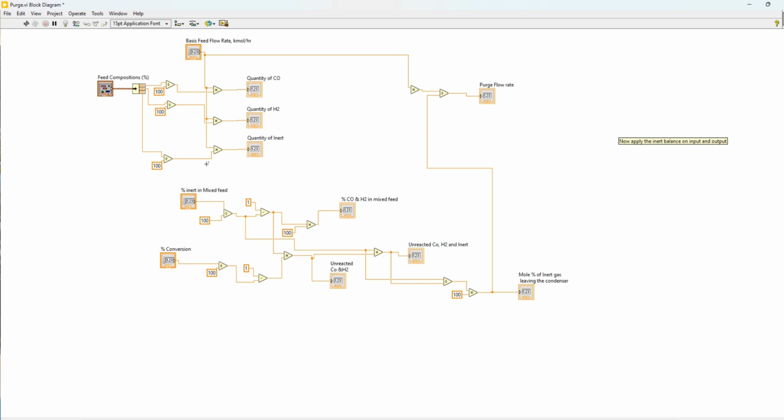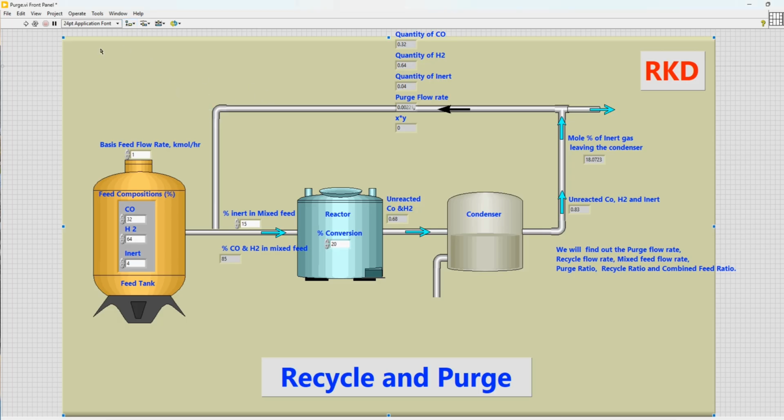Okay, so this is your value and that value should be here, and this value we'll see what it is coming. 0.04. Okay, right.